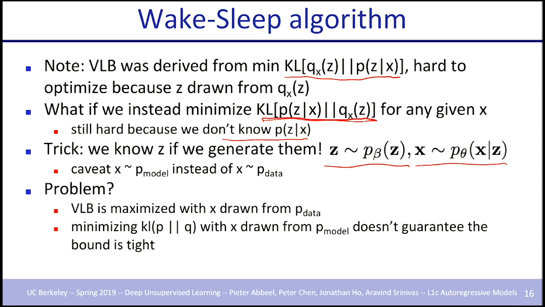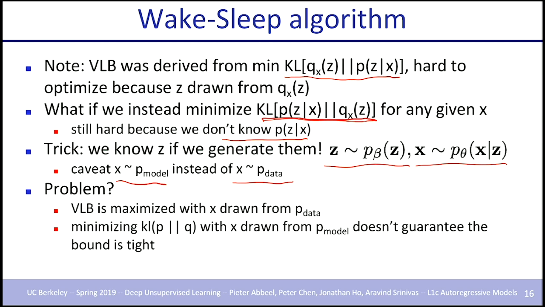But this comes with one major caveat, because when you do it, the data that you get, X, actually comes from your model distribution. So this is my model generating data instead of nature giving me data. So you are really not minimizing the same objective.